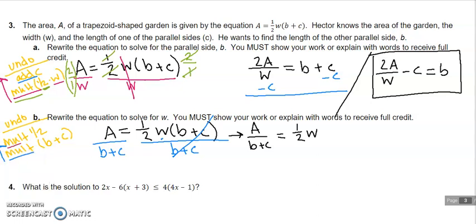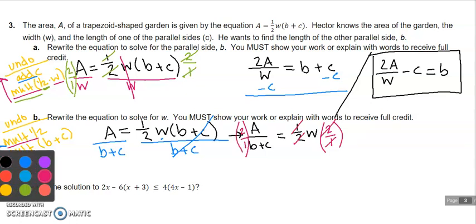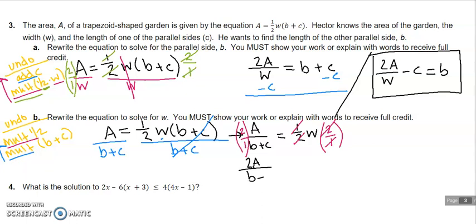And then we're going to undo multiplying by 1/2, which we already know is flipping it and multiplying. So we're multiplying by 2 on both sides. And then what we have is 2a over b plus c equals w.